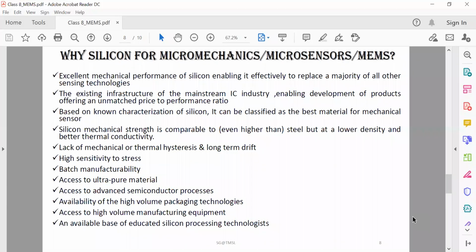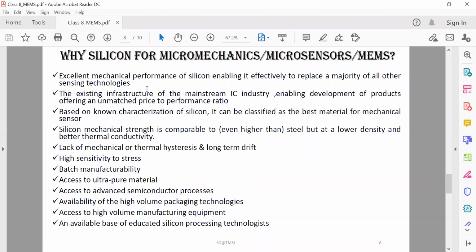So other things are mentioned here in favor of silicon, that is, why silicon for micromechanics or microsensors or MEMS. So here are the points. It has excellent mechanical performance, and it effectively enables replacing a majority of all other sensing technologies.